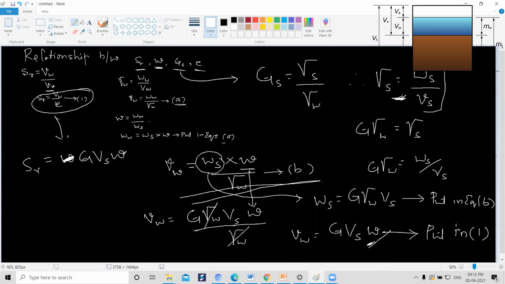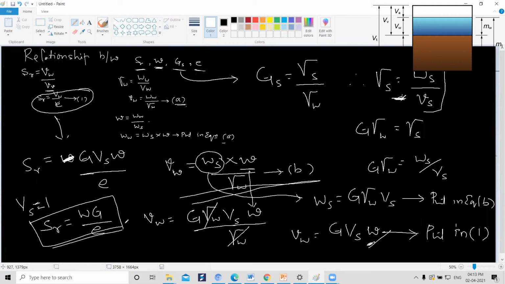VS into W divided by E, right? Now, VS is equal to 1, volume of solid is equal to 1, the assumption which you have taken. Do you agree with me? Yes? Now I can write it as degree of saturation is equal to W into G divided by E. Yes or no?